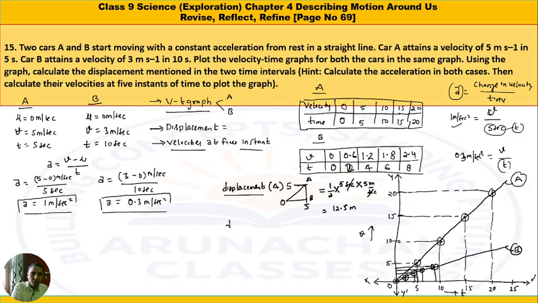Now we need to find out the displacement for car B, and that displacement is to be found for 10 seconds. So for 10 seconds, this is what 10 seconds is, we can just see one more value.